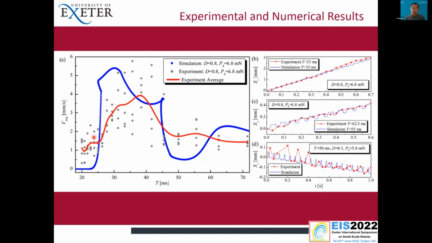As we can see, the trends are fairly consistent, and the highest average speed is around 30 to 40 milliseconds. And here is the time history comparison between simulation and experiment. We can observe both forward progression and backward progression of the capsule.